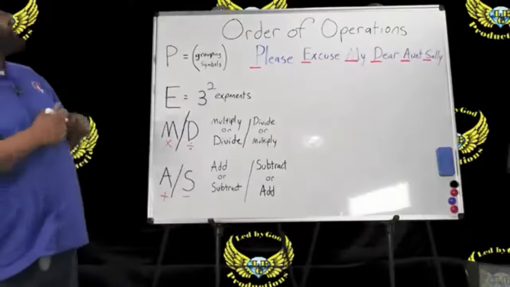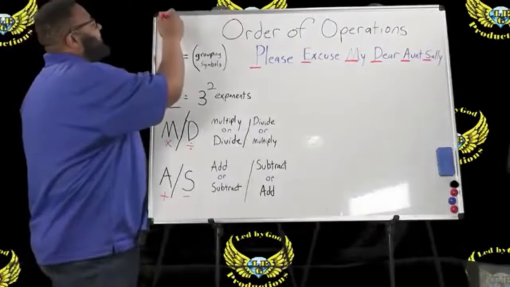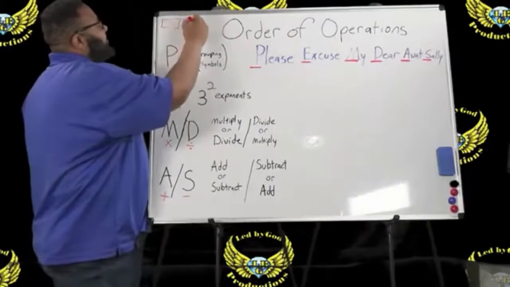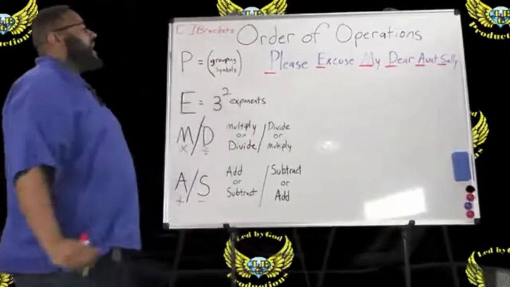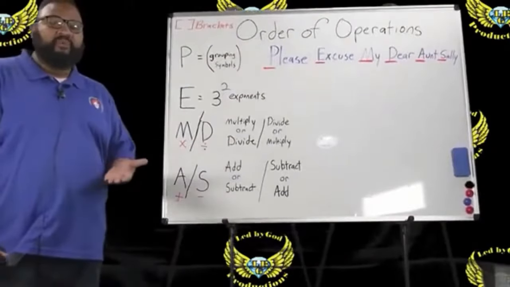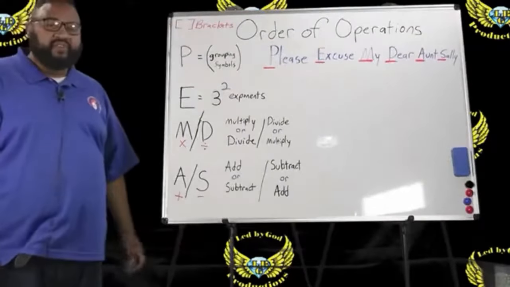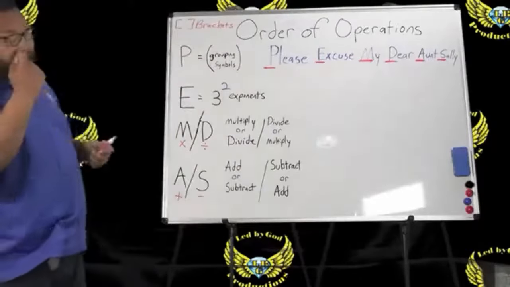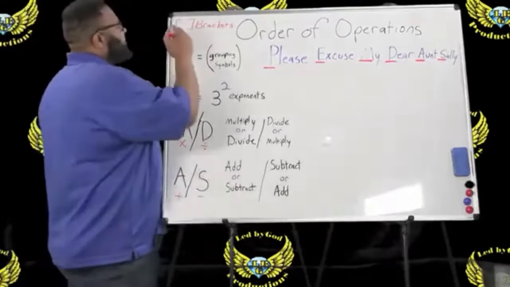All right, here are some of our more basic grouping symbols. Some of you have seen them, some of you haven't. Brackets. These are on your keyboard. If you look on your keyboard, you see some funny symbols, one to the left and one to the right. These are called brackets. Here's another one.